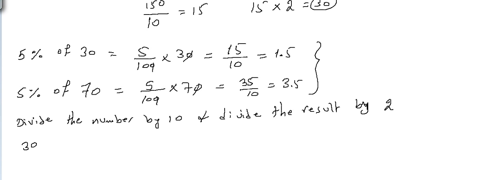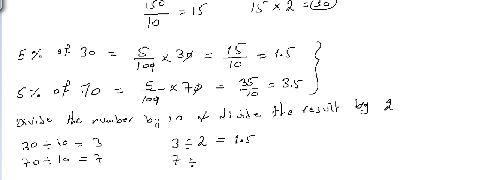First we had 30. If we divide 30 by 10, we end up with 3. What is 3 divided by 2? Half of 3 is 1.5. Same with 70. We divide it by 10 and get 7. What is 7 divided by 2? The answer is 3.5. So both are correct. You can try to do percentages mentally now.